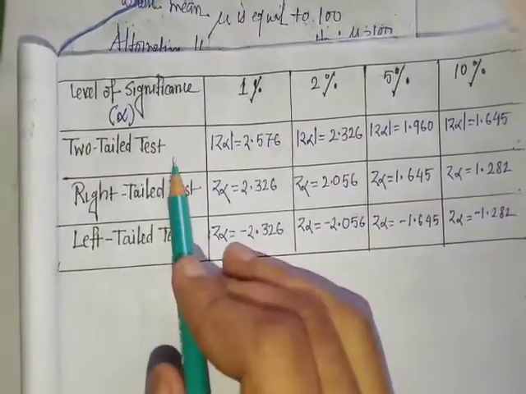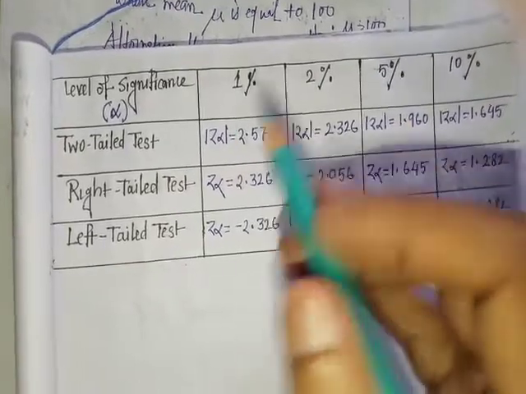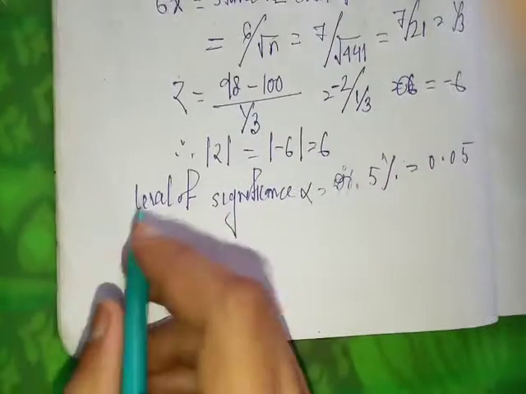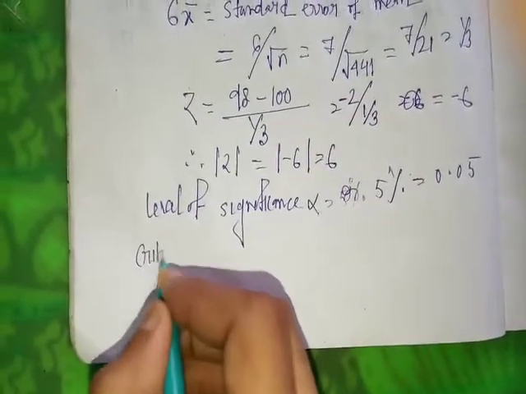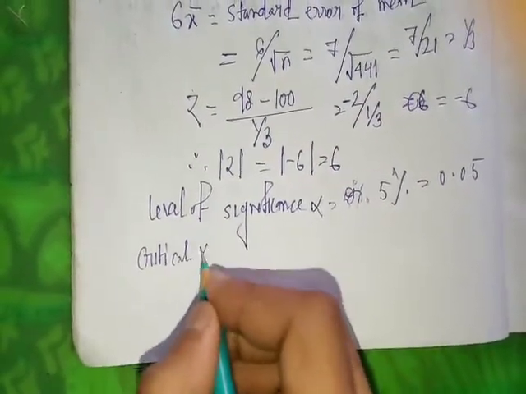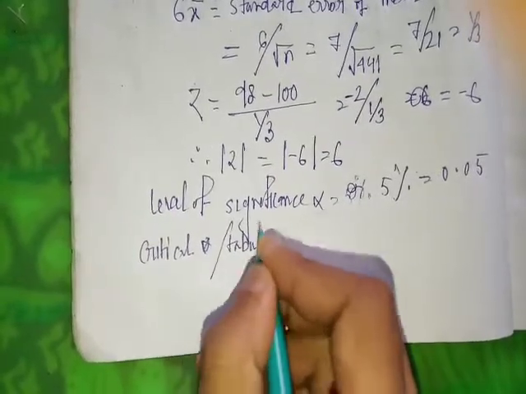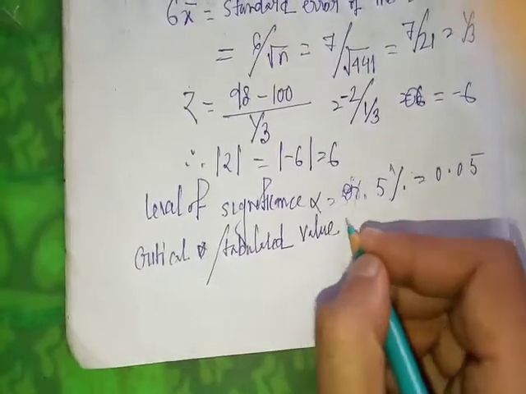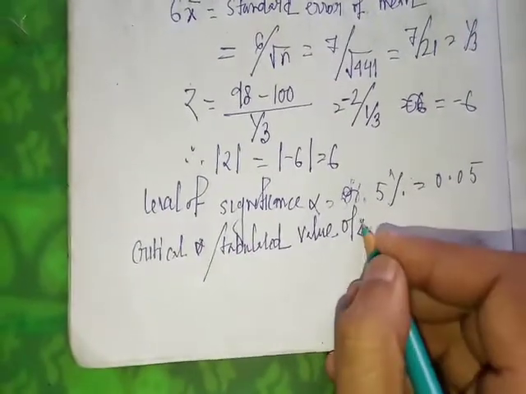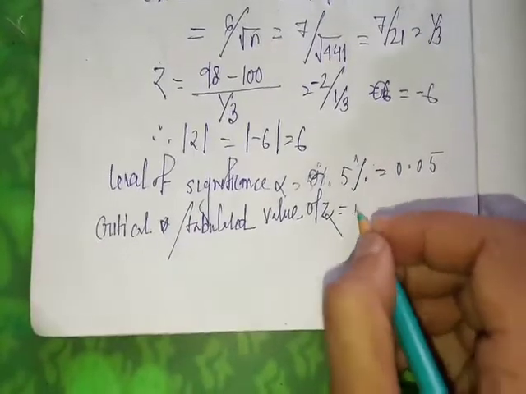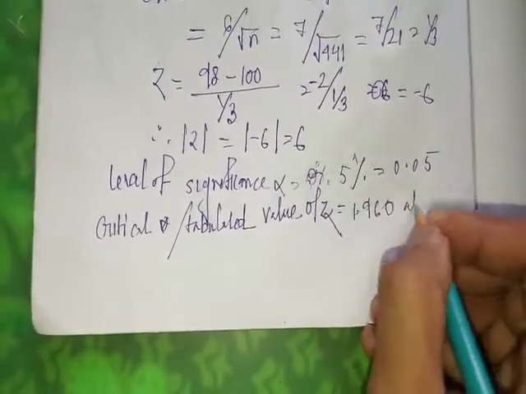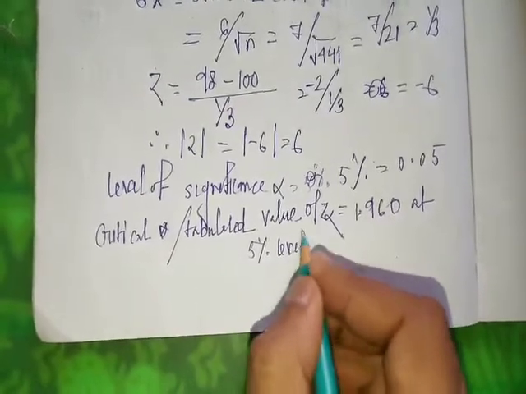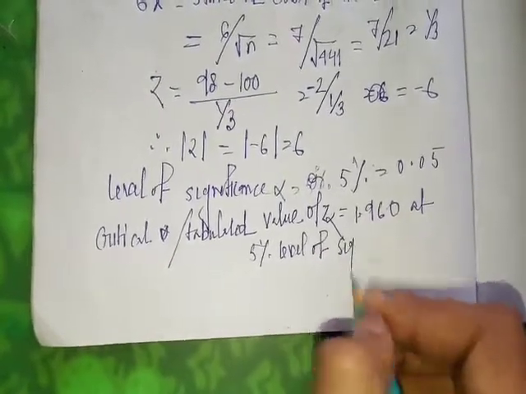The critical or tabulated value of z alpha equals 1.960 at 5% level of significance.